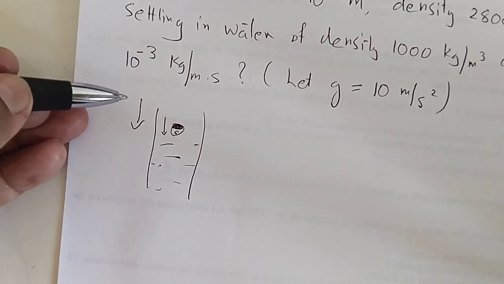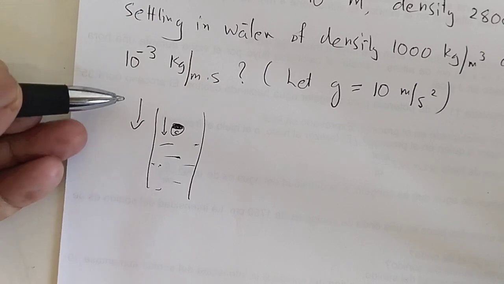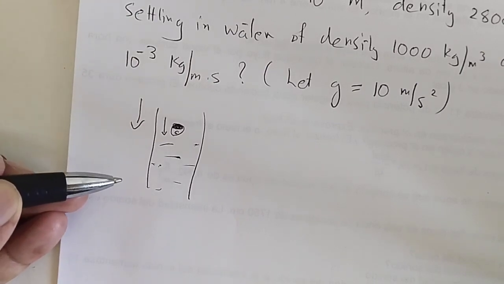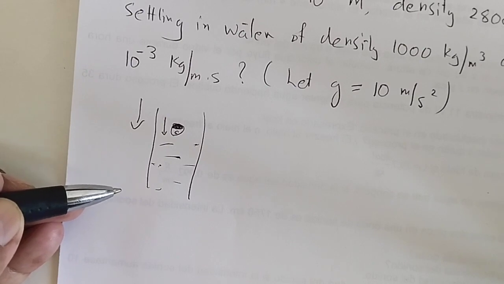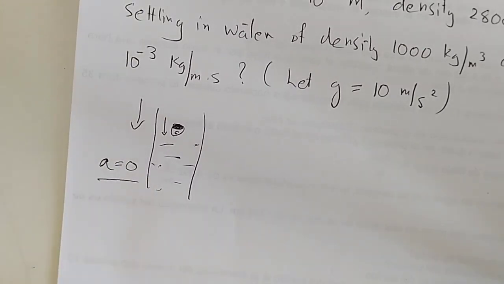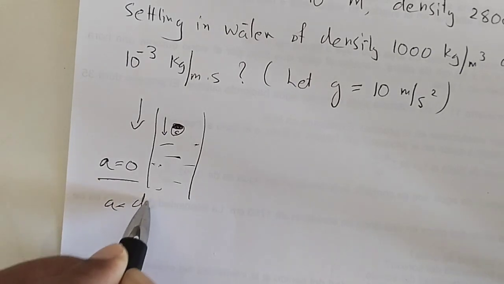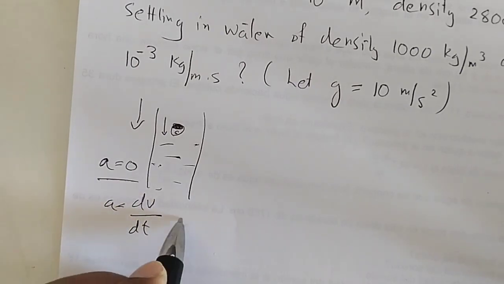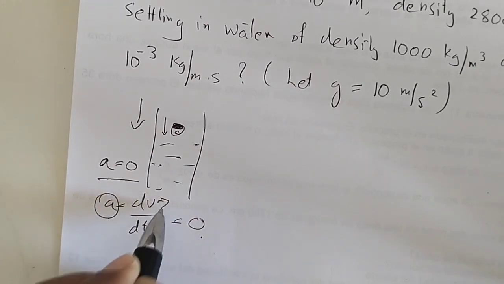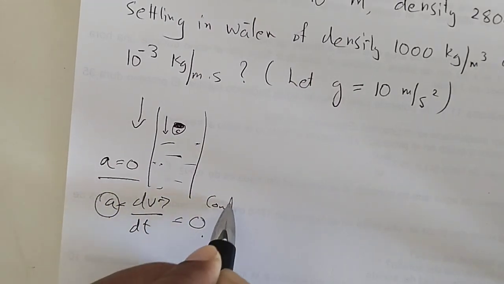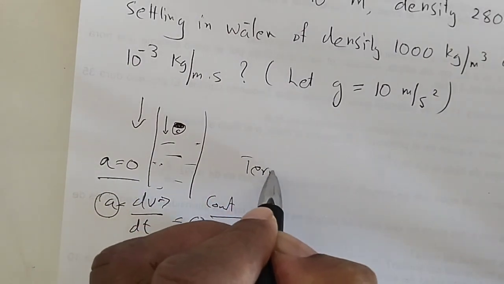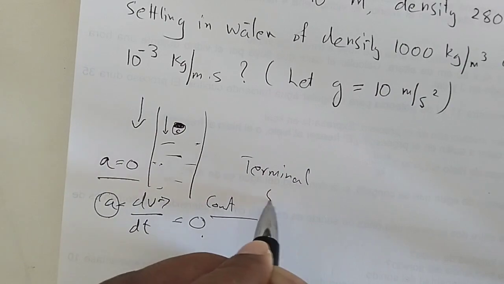Initially of course acceleration was very high, and it decreases when it comes to a certain point. It decreases in such a way that when acceleration is 0, and you know acceleration is dv by dt, the velocity is constant, and that constant velocity is called the terminal settling velocity.